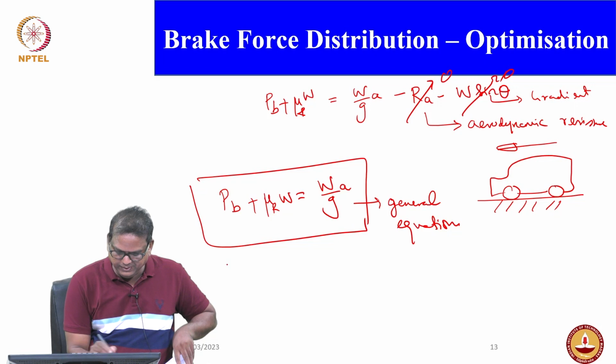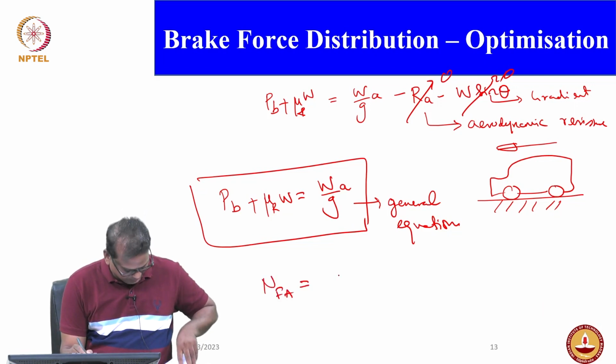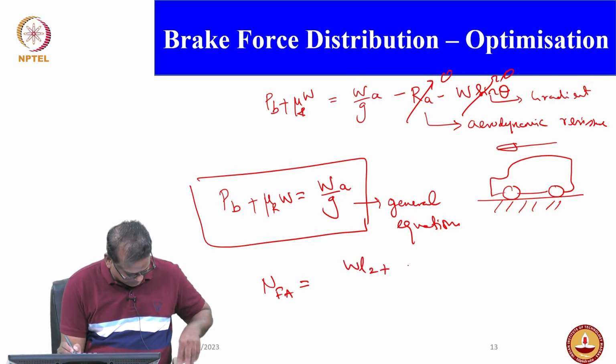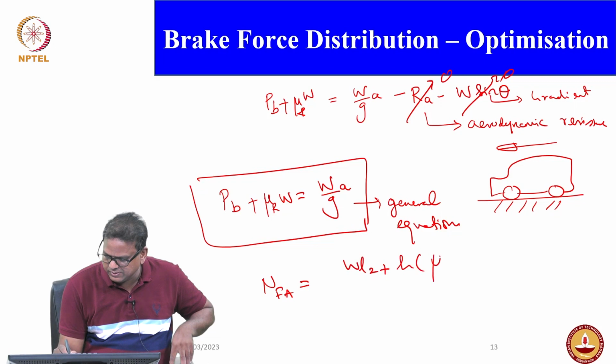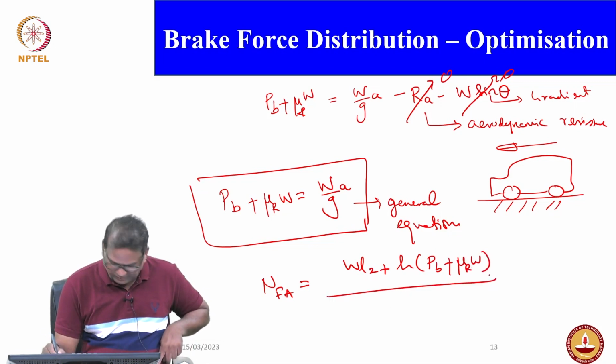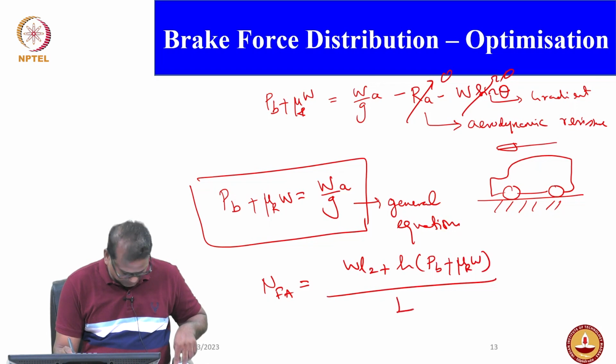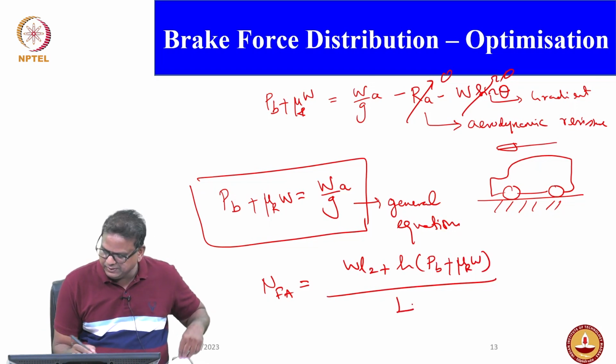But we know already the NFA, WL2 plus H (PB + mu r W) divided by L. This is one thing, NFA.